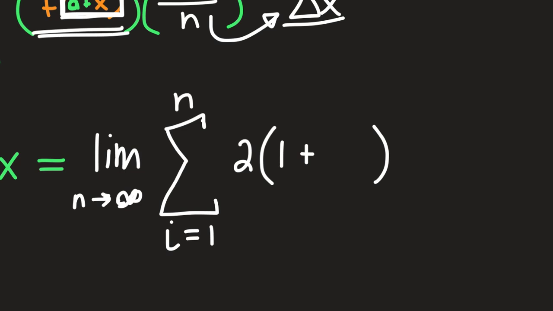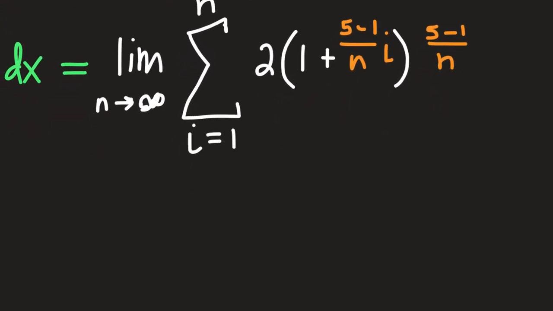So b minus a: the b value was 5 minus 1, over n. n is always going to be there. And that is times i, because that's telling us how many rectangles we're going to have of this particular width. And then we're going to multiply that by 5 minus 1 over n.